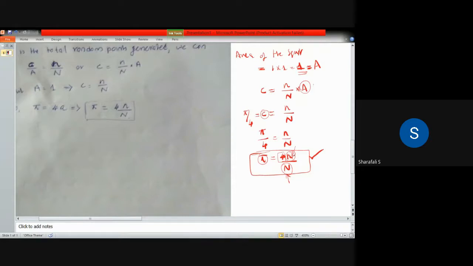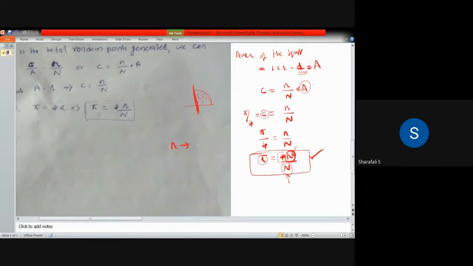Now, how can we generate this number of points n within that quarter of the circle? If you consider that portion, how many points will come within this quarter of the circle? That is given by n. And how can we generate the points within this range?